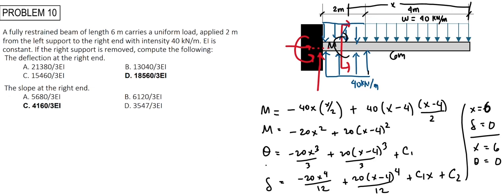So using the slope equation to get the value for c sub 1, we have 0 equal to negative 20 times 6 cubed over 3 plus 20 times (6 minus 4) cubed over 3 plus c sub 1.